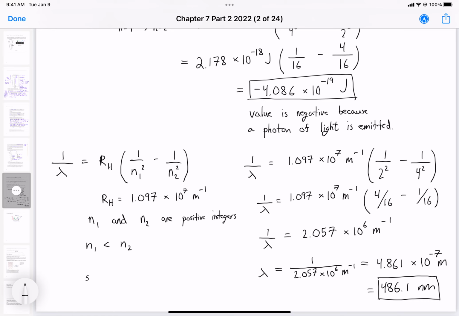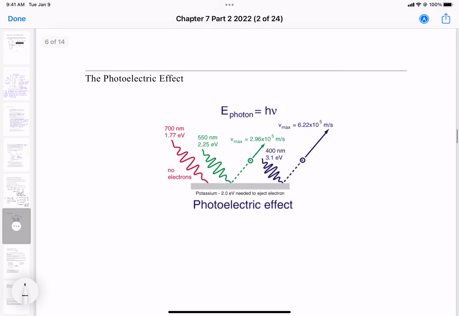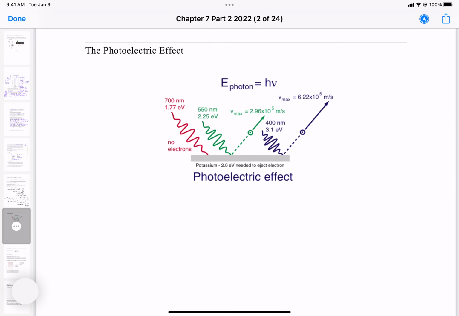All right, so let's move on to now the photoelectric effect. So the photoelectric effect is an experiment Einstein observed. Einstein postulated that light is actually composed of particles called photons.